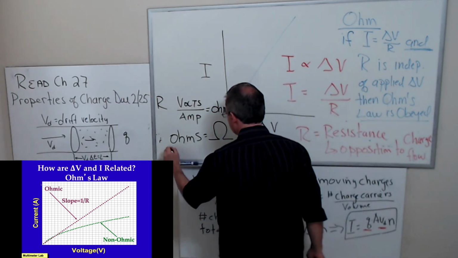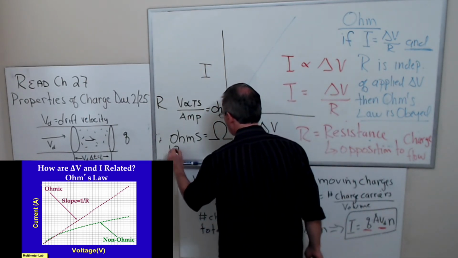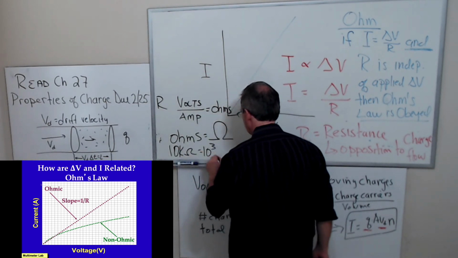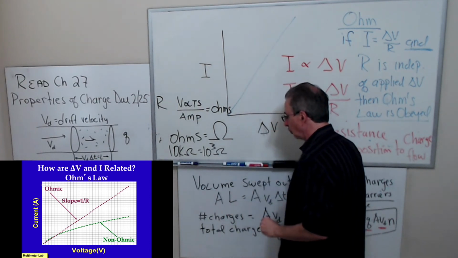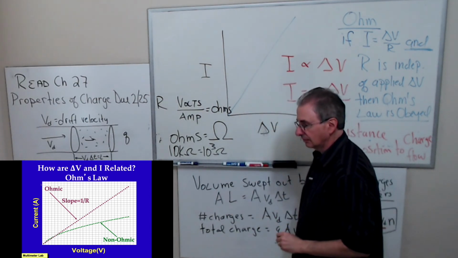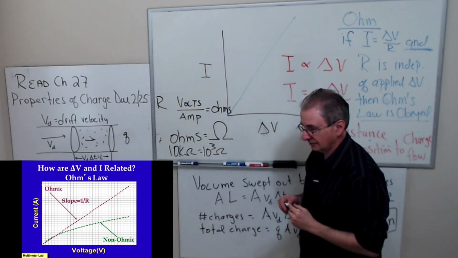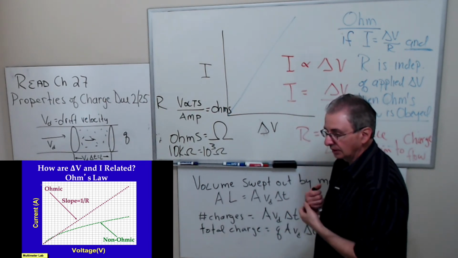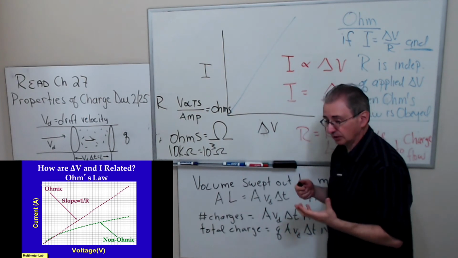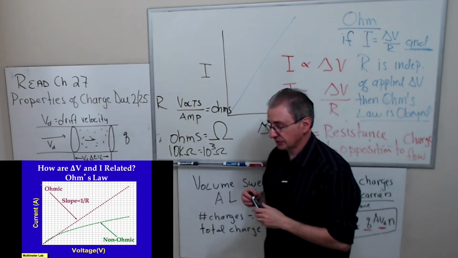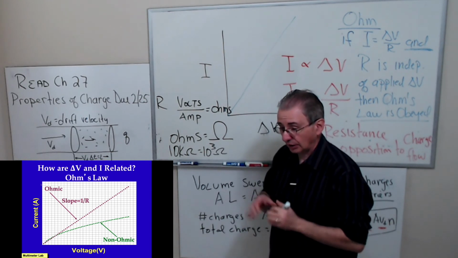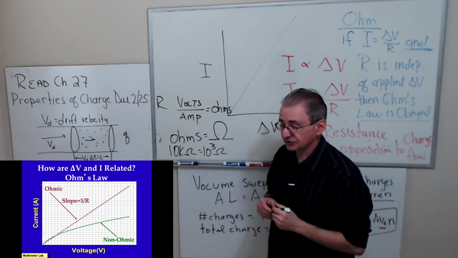Typically, these are large values, so one kilo ohm is 10 to the third ohms. 1 megohm is 10 to the sixth ohms. There are devices that we use when we build circuits that obey Ohm's law. They're called resistors.